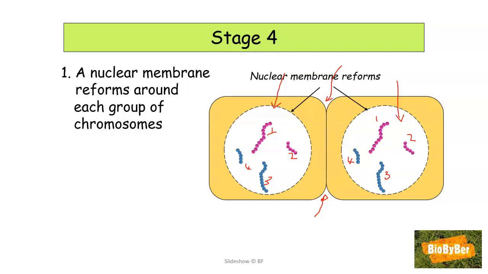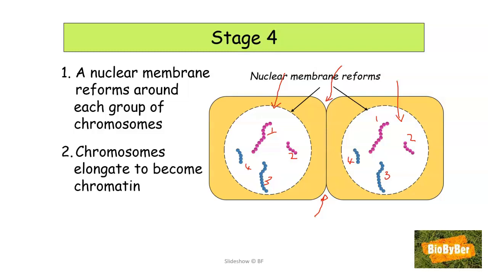The chromosomes eventually will elongate to become chromatin. In other words, they will get longer and they will become invisible. Do you remember from a previous video? IN in chromatin and IN in invisible.